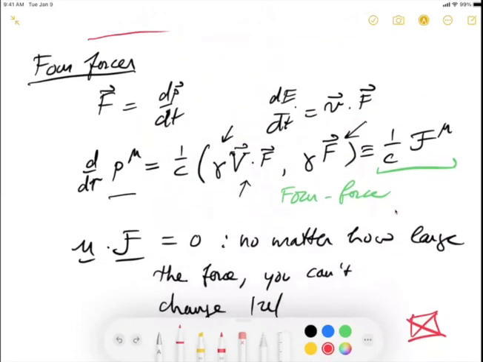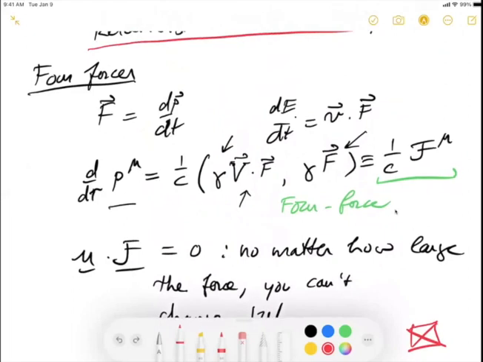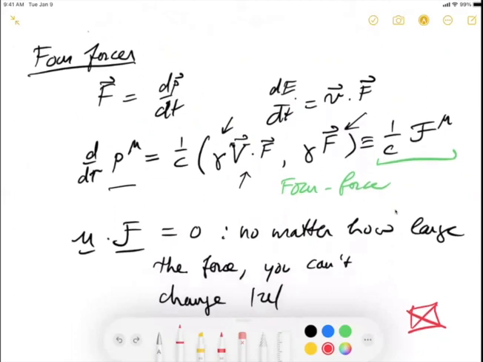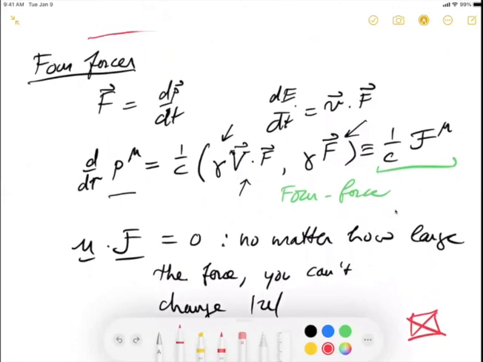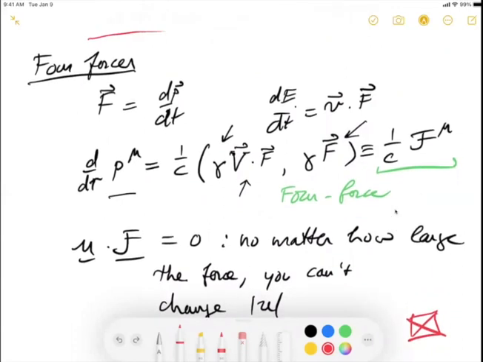Okay. For forces, there are two things from mechanics that we're combining. One is how the energy changes, and the other is how the momentum changes when we have a force acting on it. And we put those together in a single object. So using that, the zeroth component of the momentum captures the energy over c. The dE dt being equal to v dot f goes there.